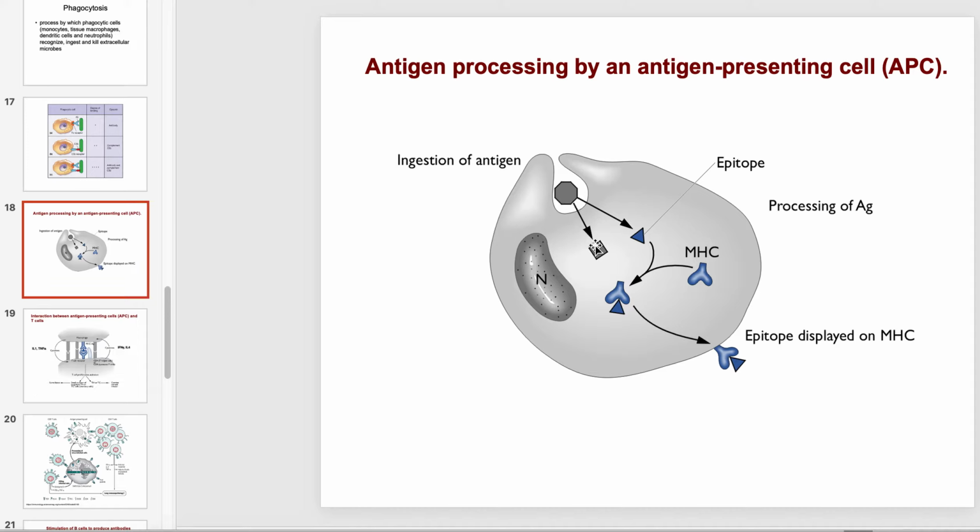The microbe is brought into the cell and destroyed, and then pieces of the virus are displayed on MHC antigens on the surface. And so here's the MHC receptor with the piece of the virus or whatever displayed. So basically what this guy is now doing is showing this to the rest of the immune response and telling the rest of the immune response what's infecting it.